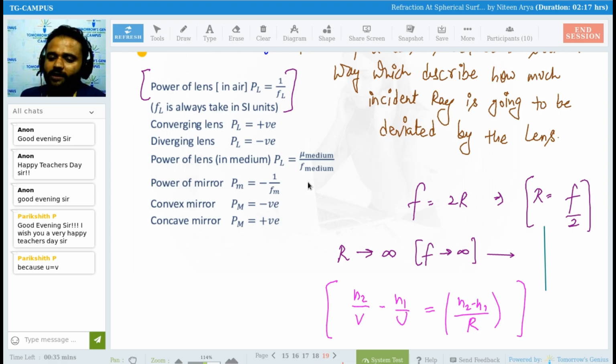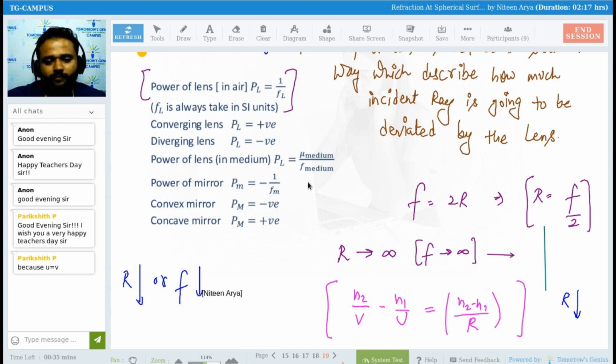The more the radius goes to infinity, V and U are going to be equal. But in the general sense, we need more deviation. So how can we get more deviation? Simple: for this, R has to be less. The less R is, the more deviation we get. Clear? If the radius of curvature is less, or focal length is less, there is more deviation.